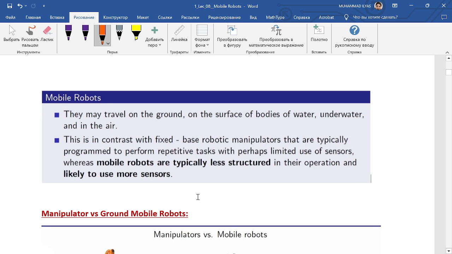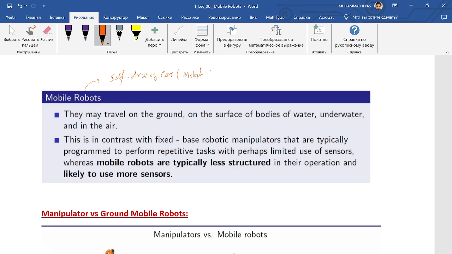The workspace may also not be static, meaning that the objects in the workspace may be moving as well, and the position of the objects may not be fixed in one place. The example is a driverless car, a self-driving car. A self-driving car is a mobile robot.